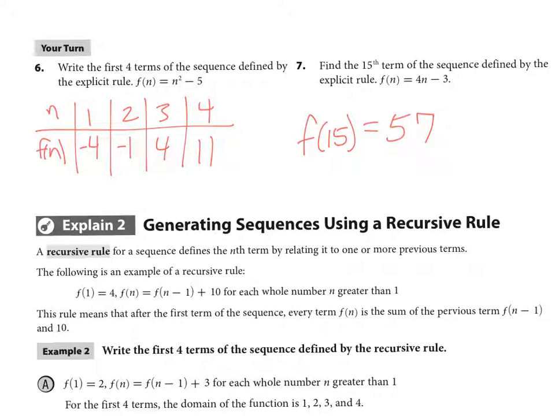You could do ask, but that means you've got to type in each one. For problem number 7, this becomes your function, 4x minus 3. This one I put on ask because I don't want to scroll down to get to 15. I put x is 15, and then it gives you 57.